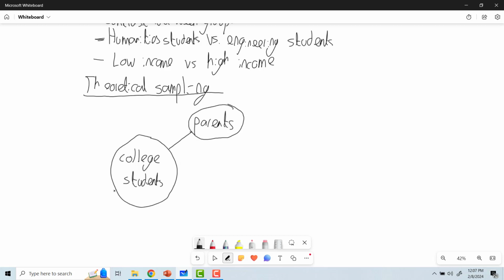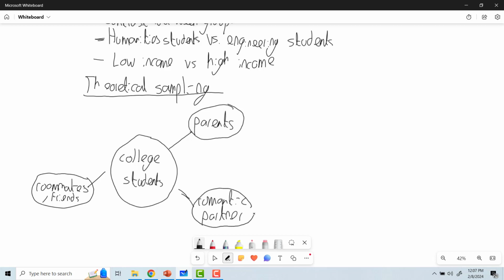Maybe your roommates, again, how those communicate is going to affect your usage as well. Roommates slash friends. And then maybe also your romantic partner. If that person uses the cell phone a lot for basic communications, that's obviously going to affect what you do. So theoretical sampling is almost involving other groups of people in your sampling.